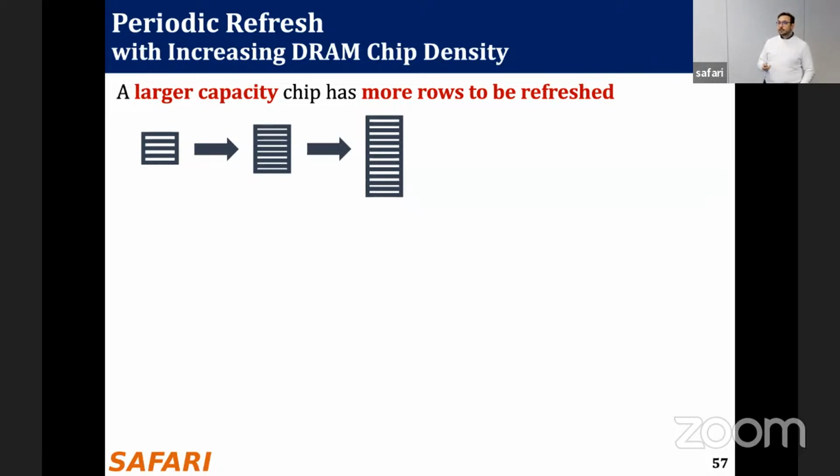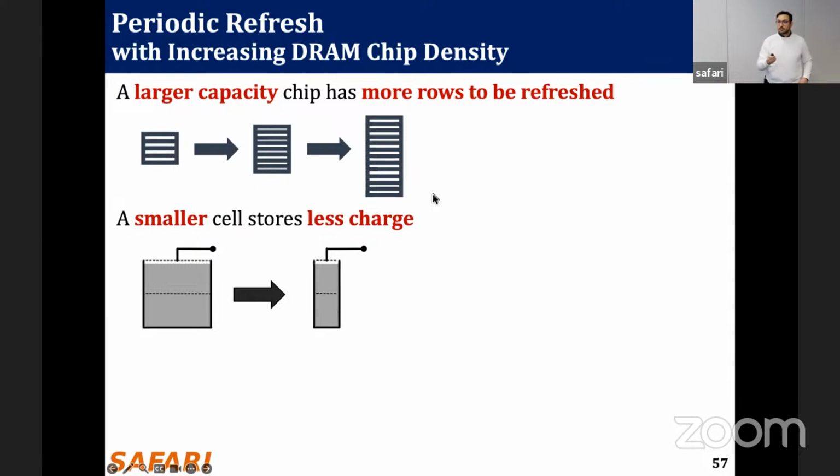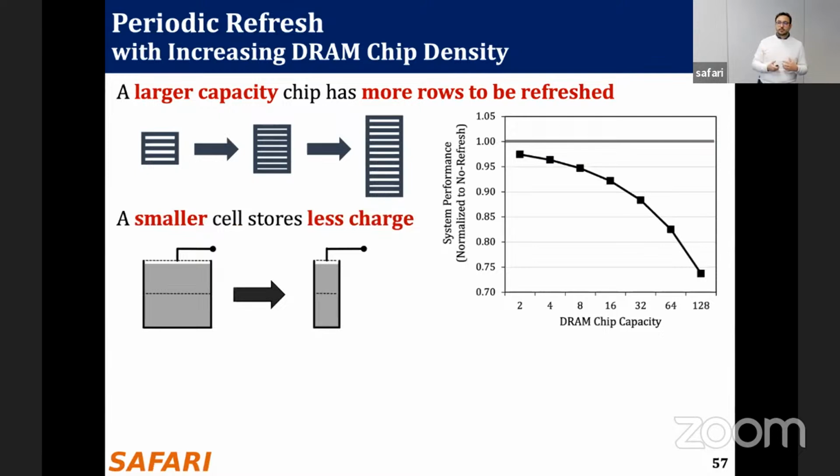So as we increase DRAM chip density, now we have more capacity in our DRAM chip, and it means that we need to refresh more rows. And as DRAM cells get smaller, they store less charge, and it also means that we need to refresh them more frequently.